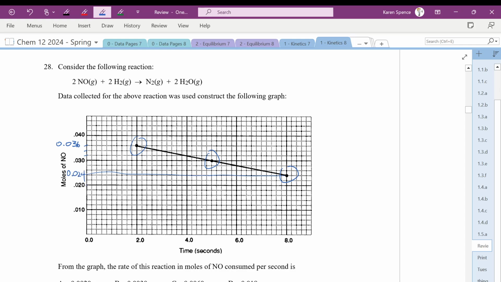So my delta Y, which is my change in moles, is equal to 0.036 minus 0.024, which is 0.012. And then I want that over the change in time.